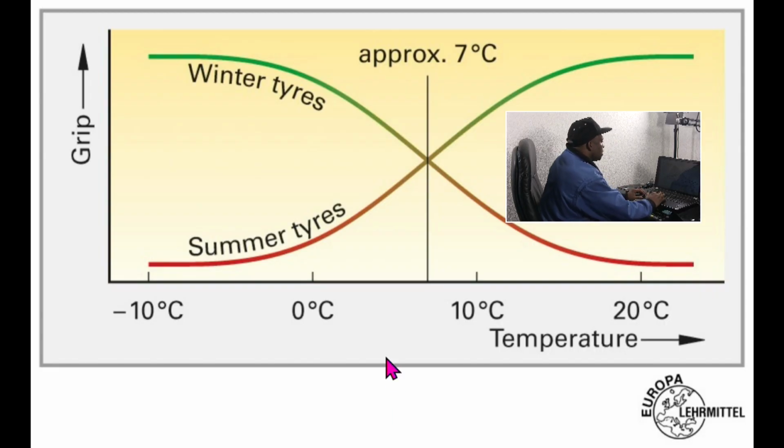Please watch your screen and watch my mouse. On this line by the left is the grip, and by the bottom is the temperature here. So when you see, this is the winter tire.